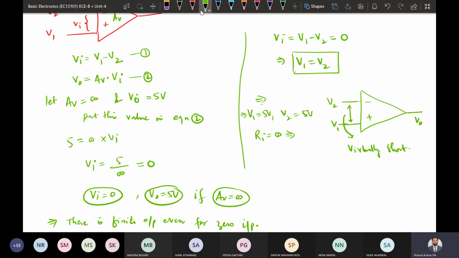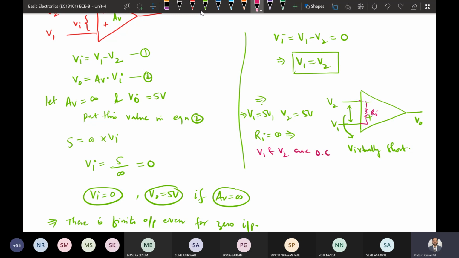Both are equal, and that is the ideal case, so the input resistance will be infinity. Input resistance is connected in this way, and here this is called input resistance. If it is infinity, it will be open circuit. That means both V1 and V2 are open circuited.